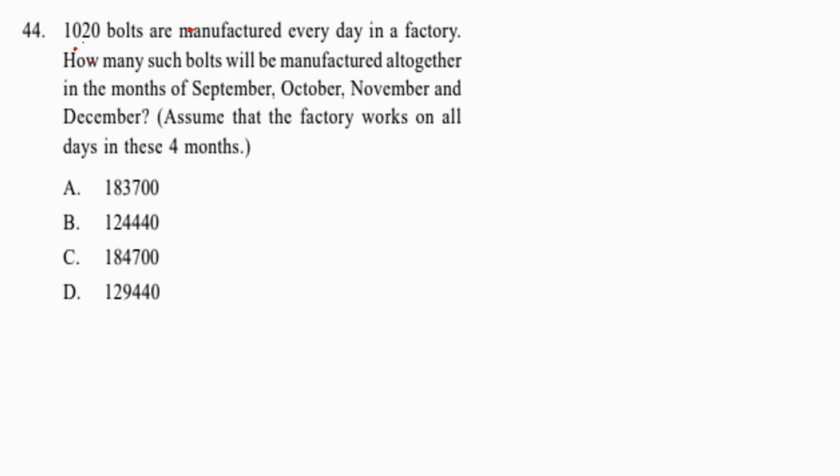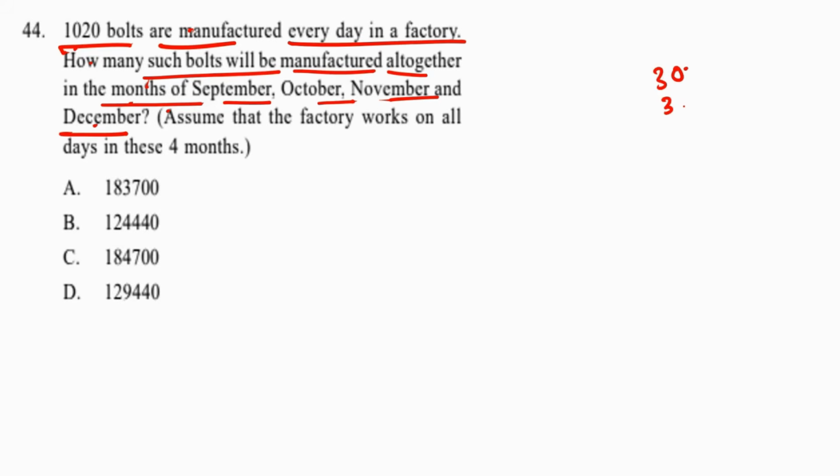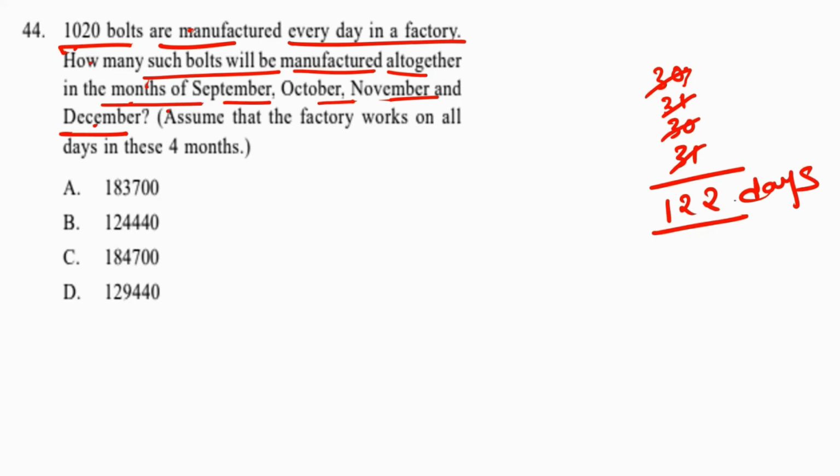Question number 44. 1020 bolts are manufactured every day in a factory. How many such bolts could be manufactured altogether in the months of September, October, November, and December? Firstly, let's find out how many days are there. September has 30, October 31, November 30, and December again 31. That's all over 4 times 30 is 120 and 2 extra days. So 122 days.